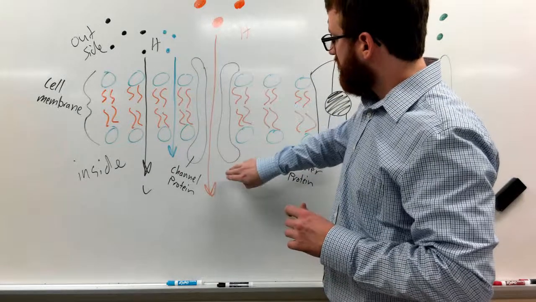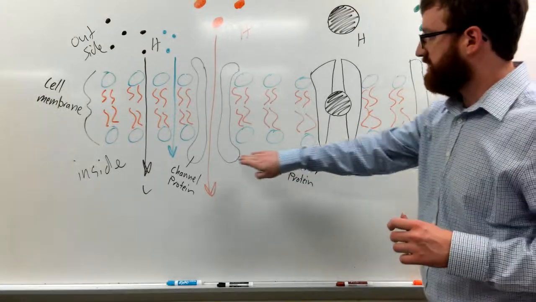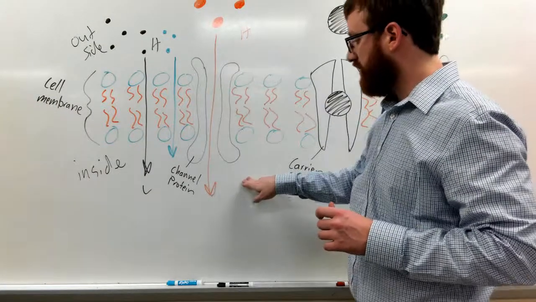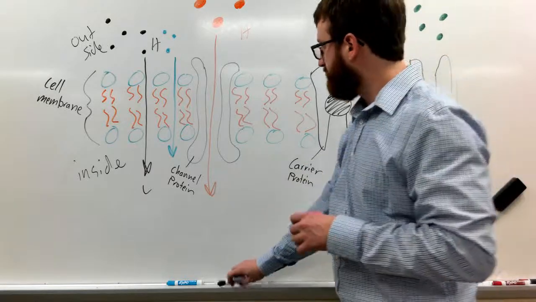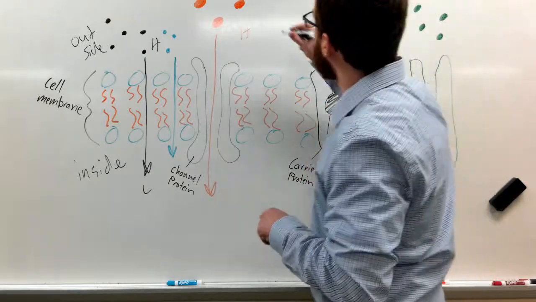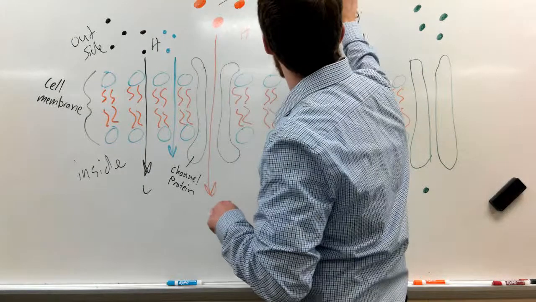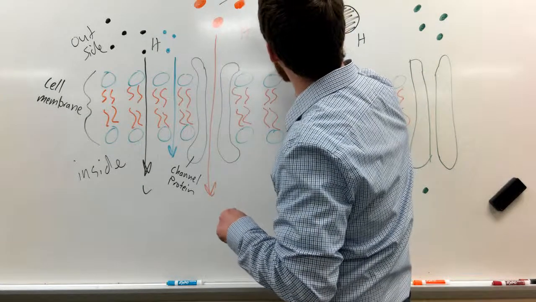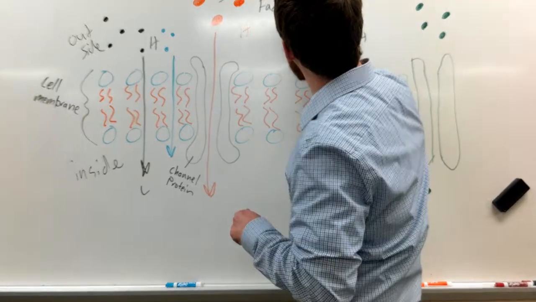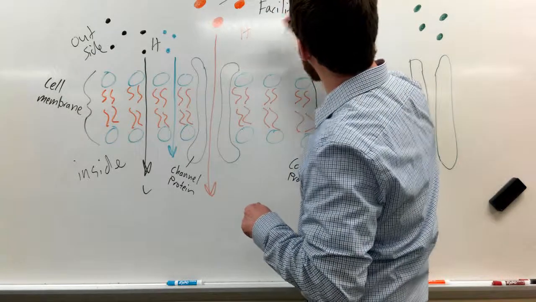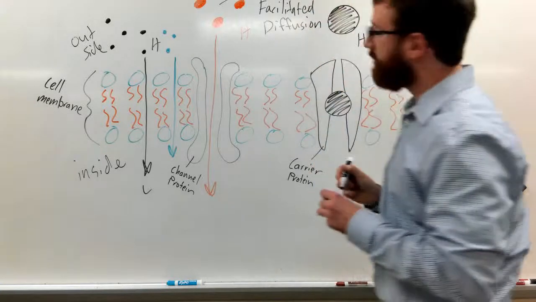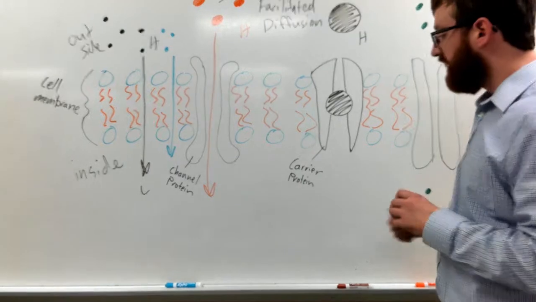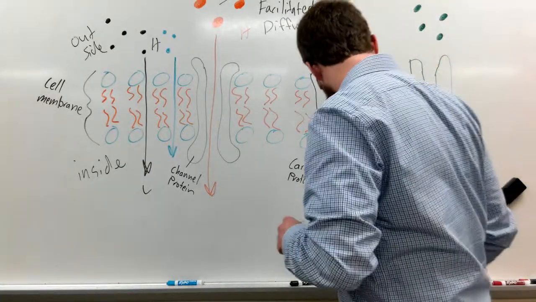However, when using channel proteins, if it goes from a high to a low concentration, it still doesn't require energy, but now we call that facilitated diffusion. So these two examples are called facilitated diffusion.